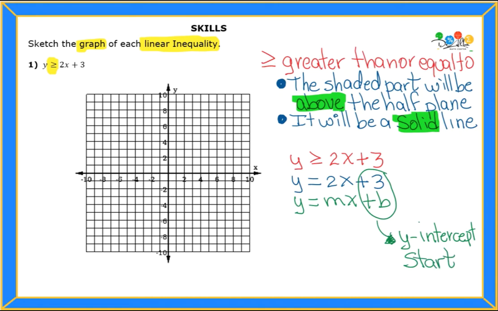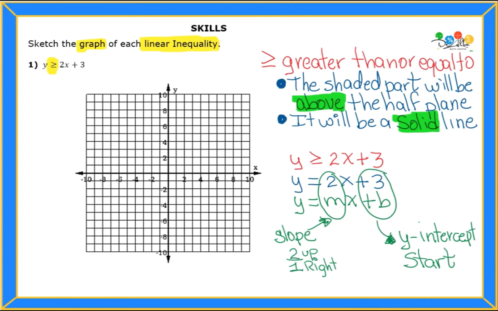Next, I have the m, and the m is my slope. And remember, the slope is the one that determines your rise over run. So I'm going to write down my slope right here as a fraction. Because now my slope is a positive slope, that means that I'm going to go 2 up and 1 to the right.